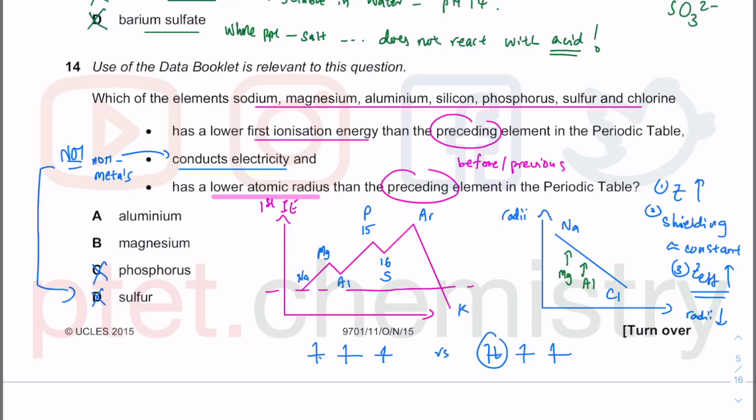That doesn't tell me anything, so I have to look at the first ionization energy. Magnesium has a higher first ionization energy than sodium. You're looking for a lower first ionization energy than the one before. Aluminium has a lower first ionization energy than the element before it. So aluminium is the answer and not magnesium.